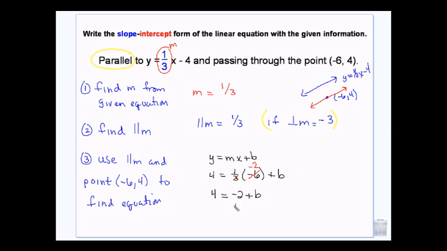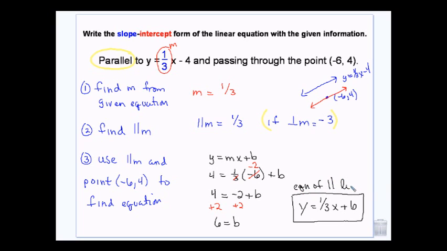I'm going to add 2 to both sides. B is 6. And once I found b, I already had m, so here's the equation I was looking for. This is the equation of the parallel line.